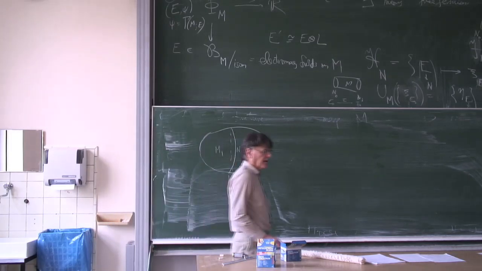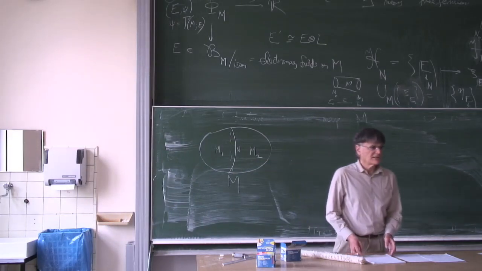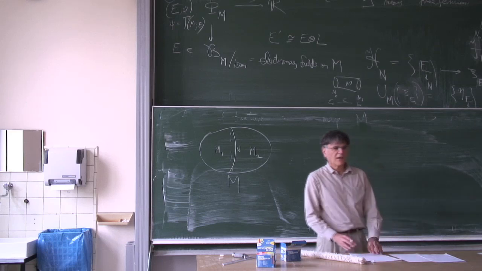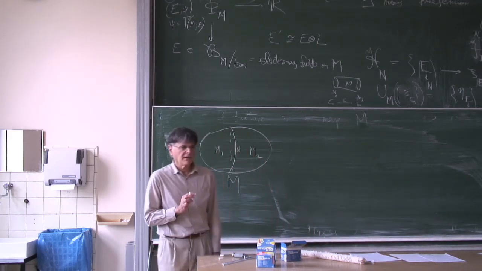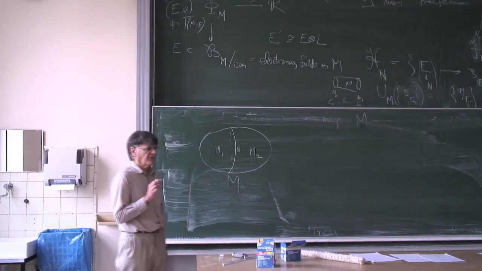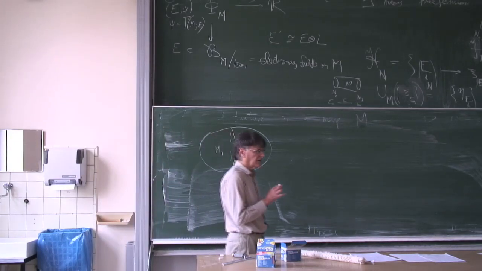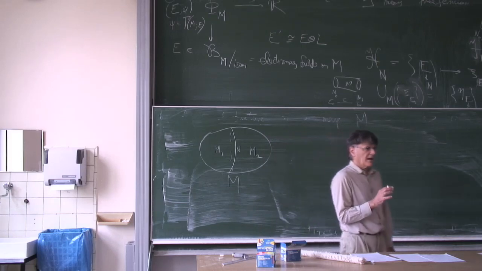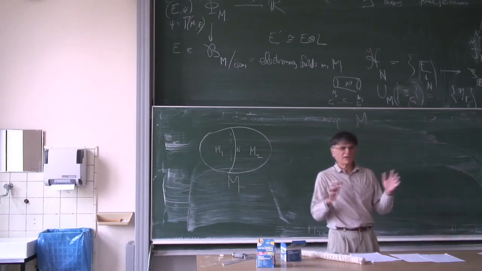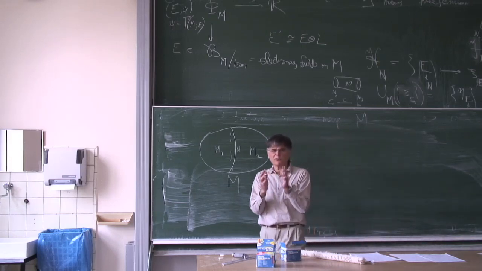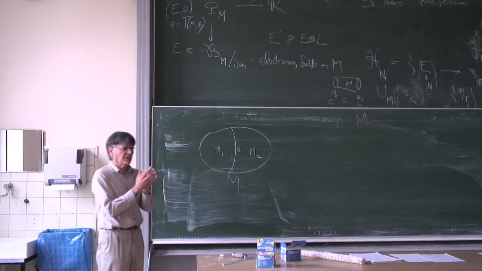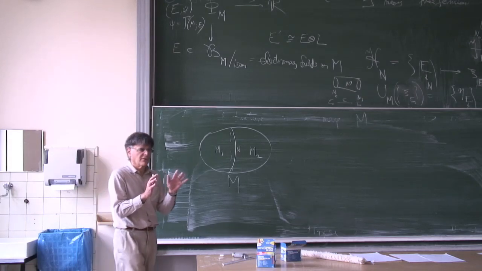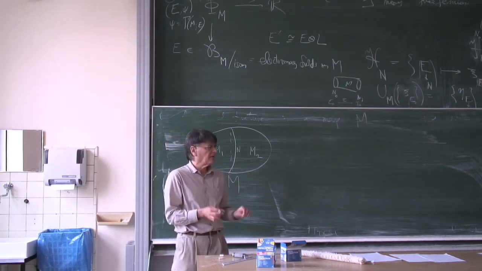Well, why do we care about locality? Of course, there might be lots of reasons, but the reason I care about locality, mostly, is because one wants to define a moduli space of these theories, and in order to define a moduli space, you want to know what an infinitesimal deformation of a theory is. Now, an infinitesimal deformation of a theory, any physicist will tell you, is given by some field in the theory.